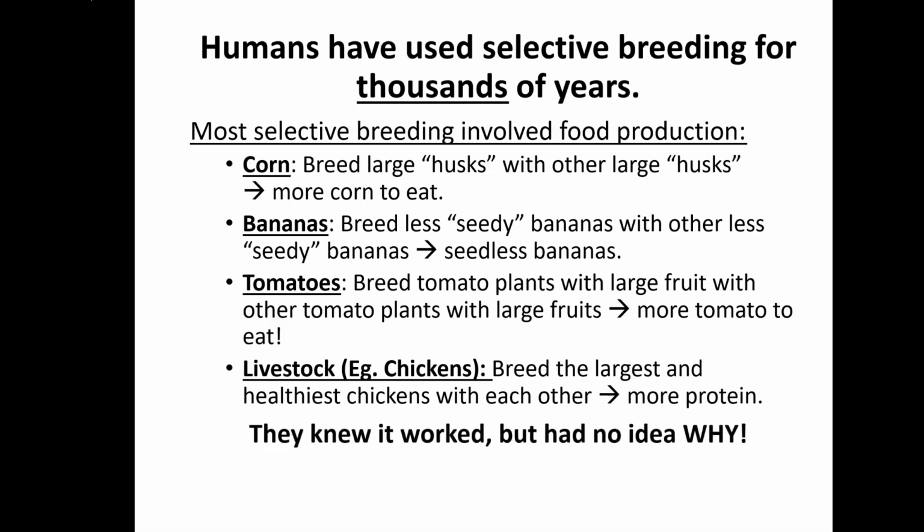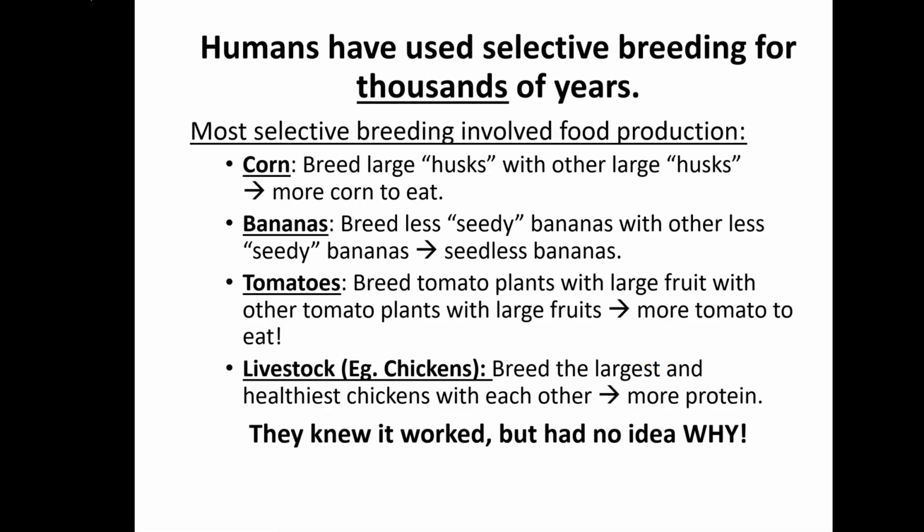So even this has been happening for thousands of years. By doing this type of selective breeding, they were able to produce favorable animals and plants with characteristics that were more favorable to humans. They knew that this selective breeding worked, but they had no idea how and why it worked.